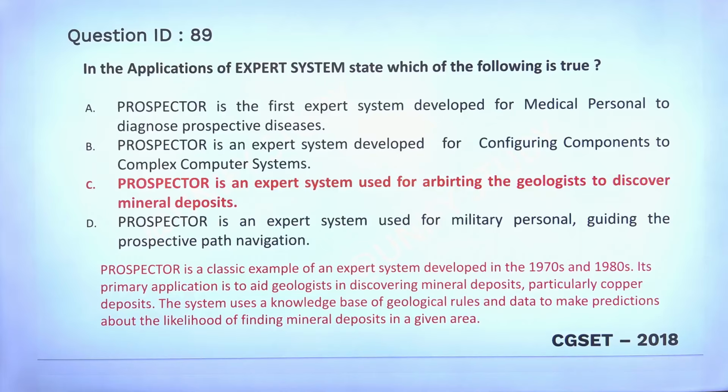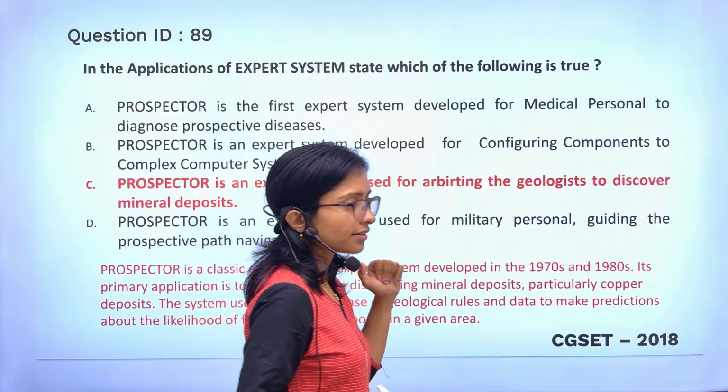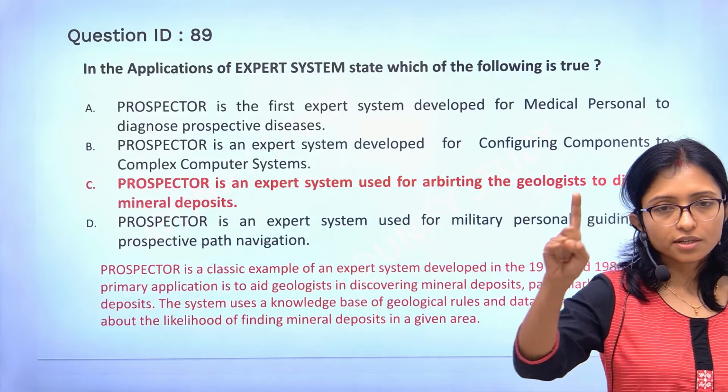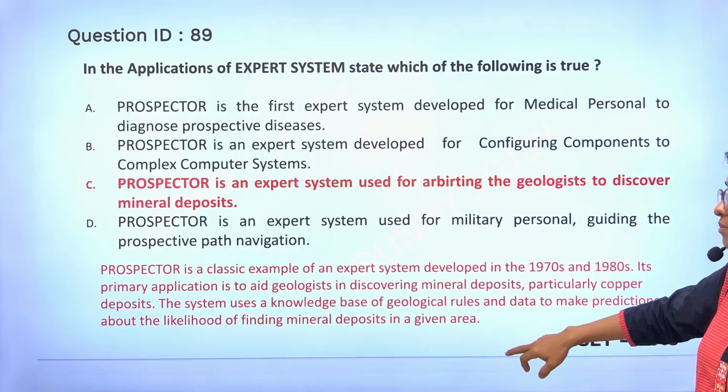The system uses a knowledge base of geological rule data to make predictions about the likelihood of finding mineral deposits in a given area. So from today, if you already made a list of expert systems, then add this one also. Previously we also saw DENDRAL and another expert system. It was in a UGC NET question, if you are able to remember. So you must make the list.